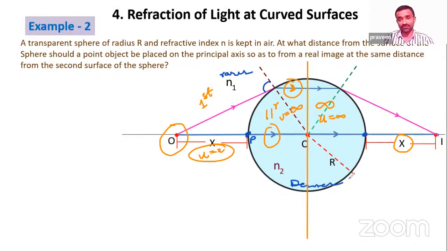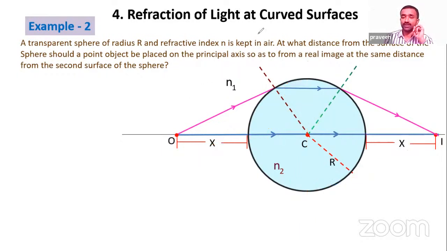For the second surface, the object distance is infinity and the image distance is taken to be x. So this you have to understand. Then we'll go for the solution. In the solution, note down the values obtained here and substitute in the formula.